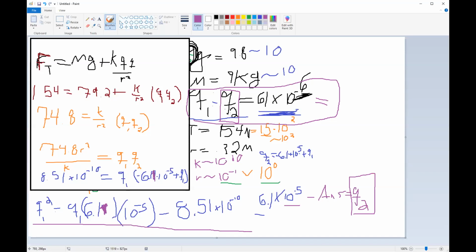We know that Q2 is the smaller charge. We know Q2 is negative, and we have to watch our signs throughout all this calculation. Down here, for example, when I solved for Q2, I had to move the negative sign over like that, which meant that I got a positive Q1 minus 6.1 stuff is equal to Q2.